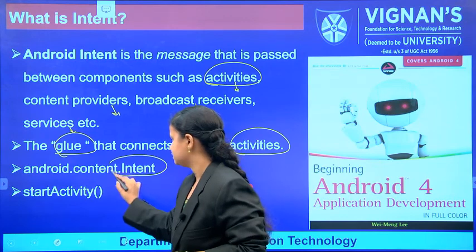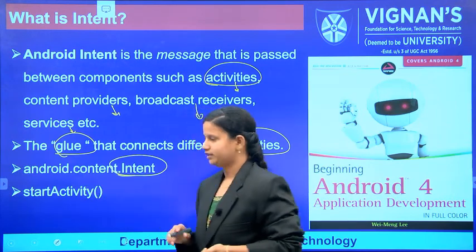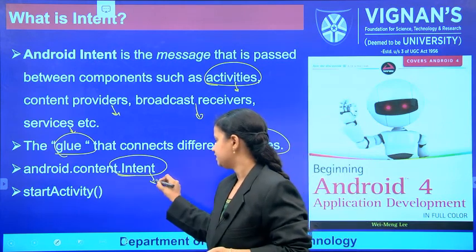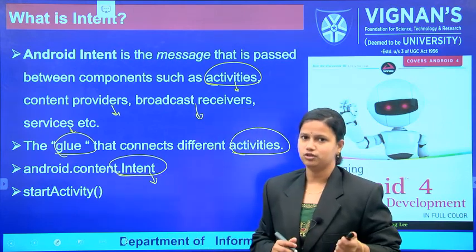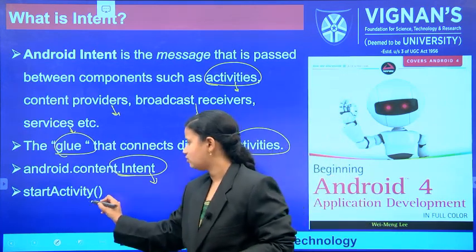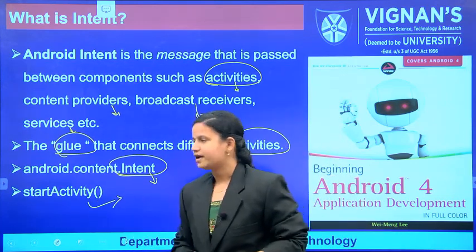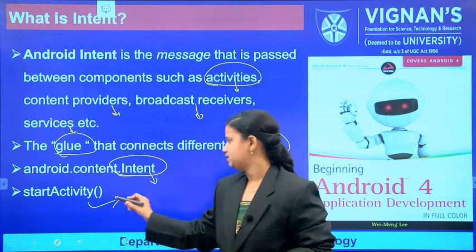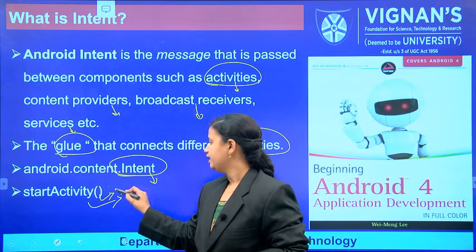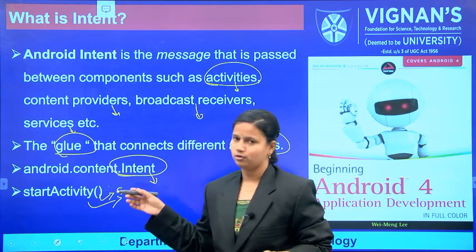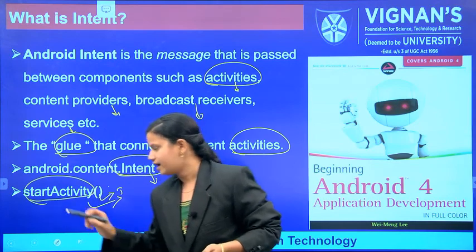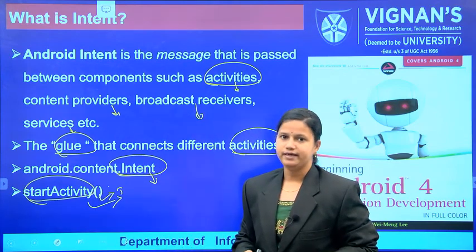This class has different methods regarding intents, but to start your intent we call the method startActivity. In startActivity we pass an intent value, the intent object. Whenever you call startActivity, it will invoke the intent.